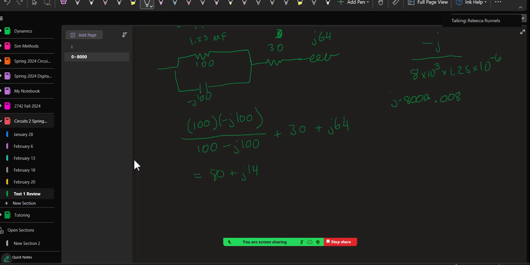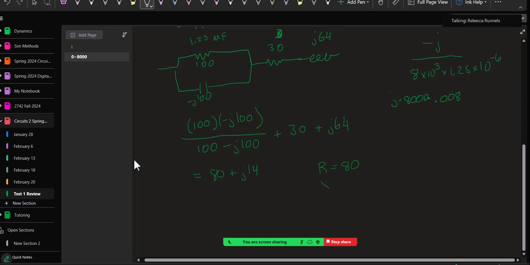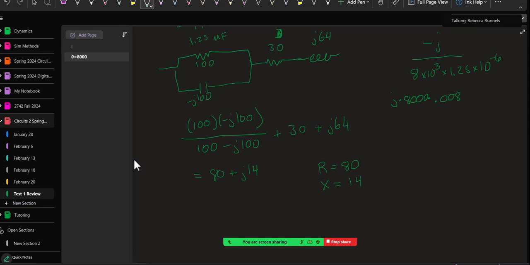All right, so then it says, what is the resistive part and what is the reactive part of this impedance? The resistive part is 80, and the reactive part is 14. And is this a capacitive or inductive circuit? Inductive, because this is positive.